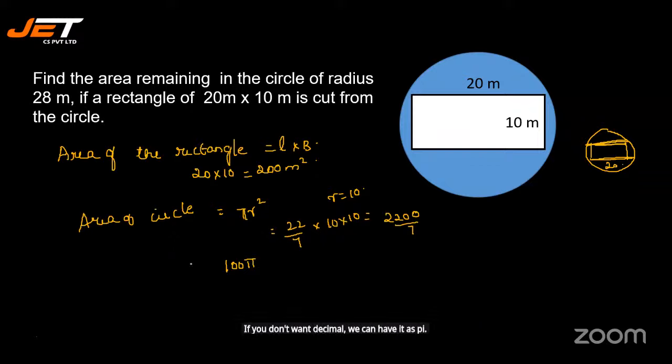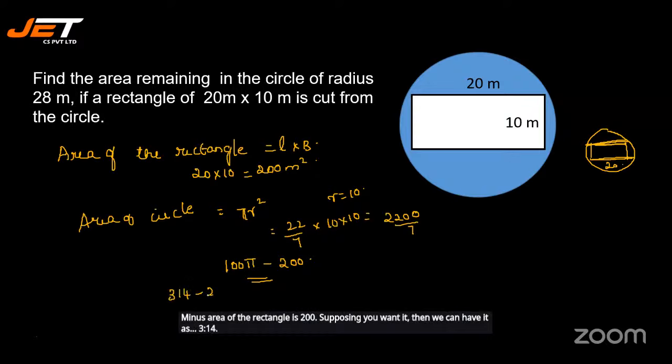The area of the circle is 100 pi minus the area of the rectangle, 200. Supposing you want it, then we can have it as 314 minus 200.